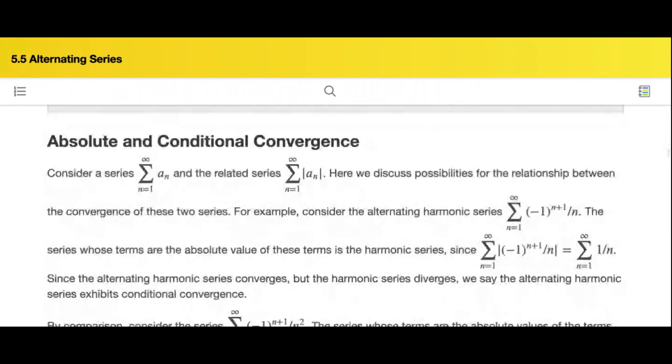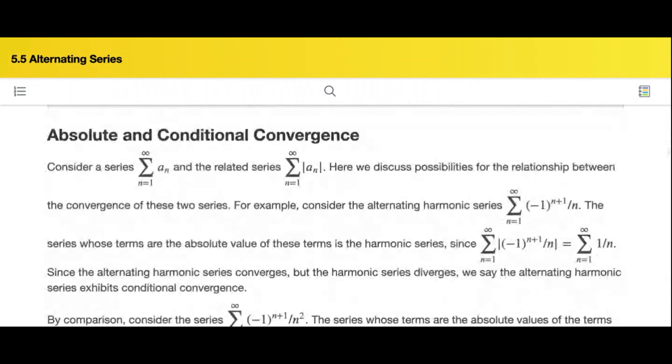All right, absolute and conditional convergence. Consider a series sum of an, and the related series, the sum of the absolute value of an. So an itself can be positive or negative, right?